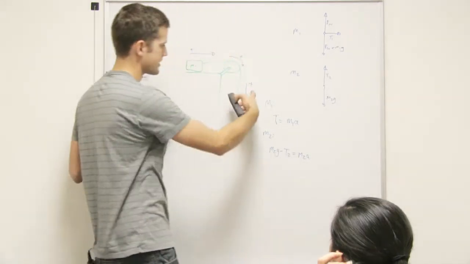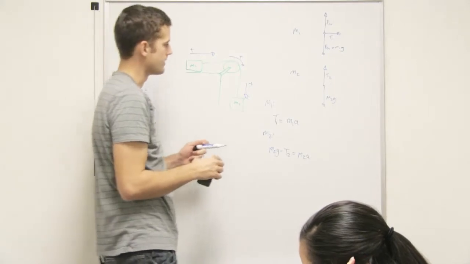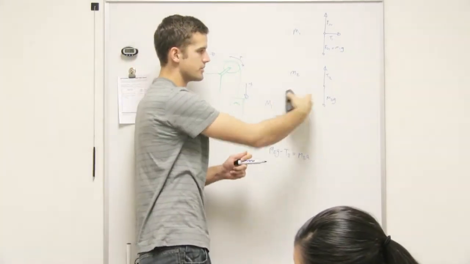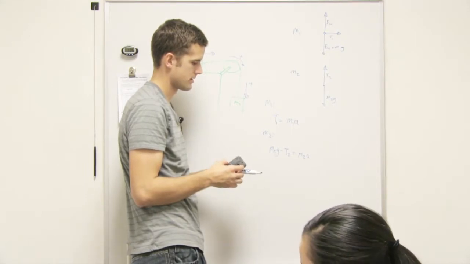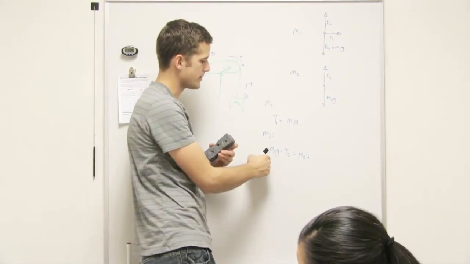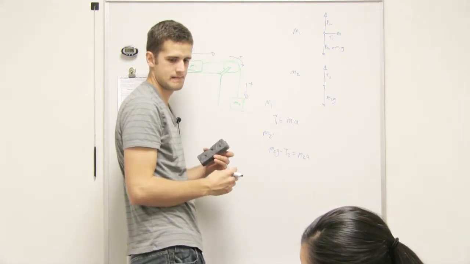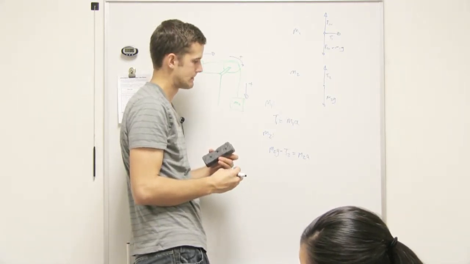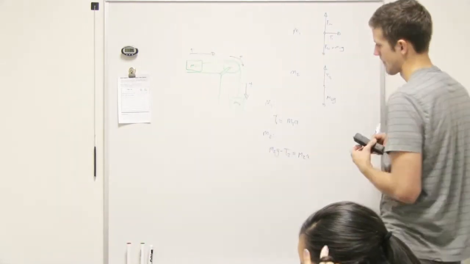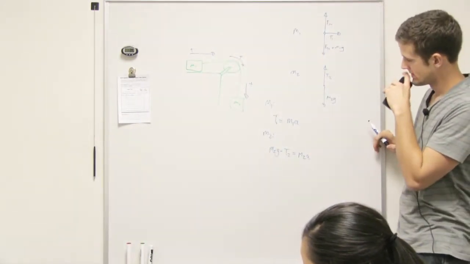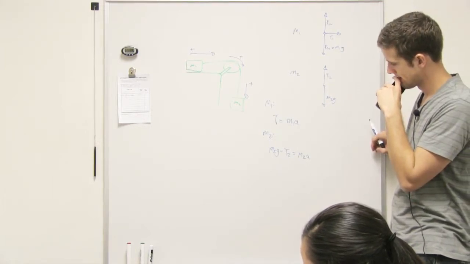So this is where this comes in. You're down positive. So if down is positive, you want to make m2g positive. So m2g minus T2 is equal to m2a. Okay, that changes things. So m2g is equal to m2a plus T2.